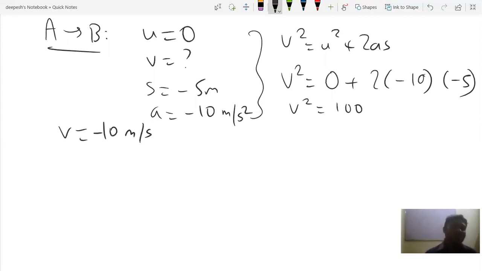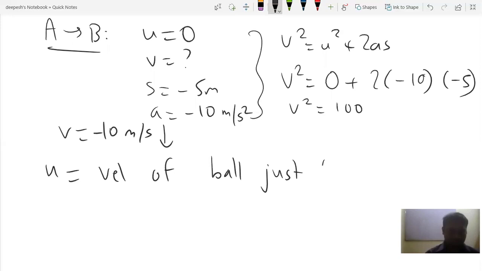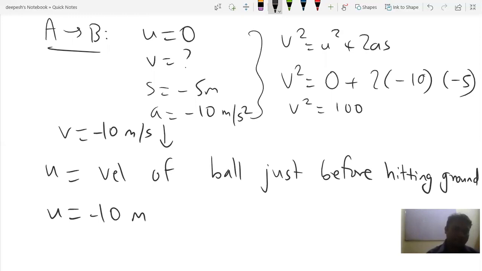So final velocity v will be negative. But this is the velocity just before the ball hits the ground. So u comes out to be minus 10 meters per second.